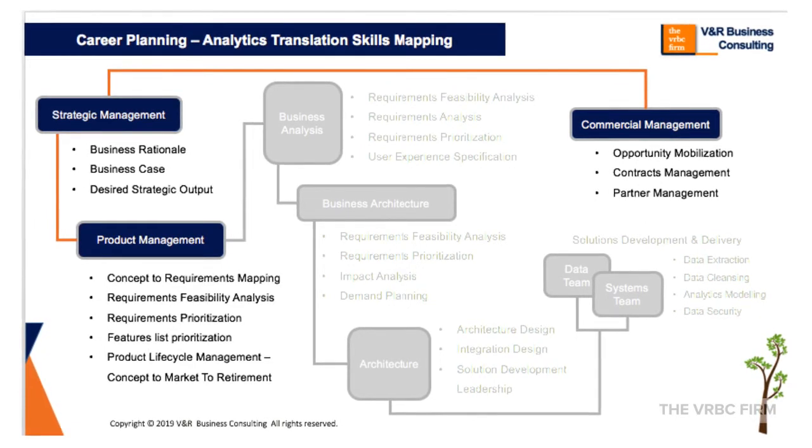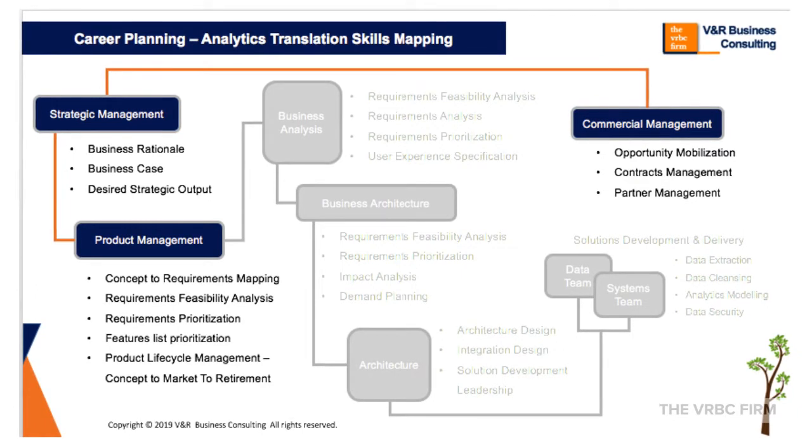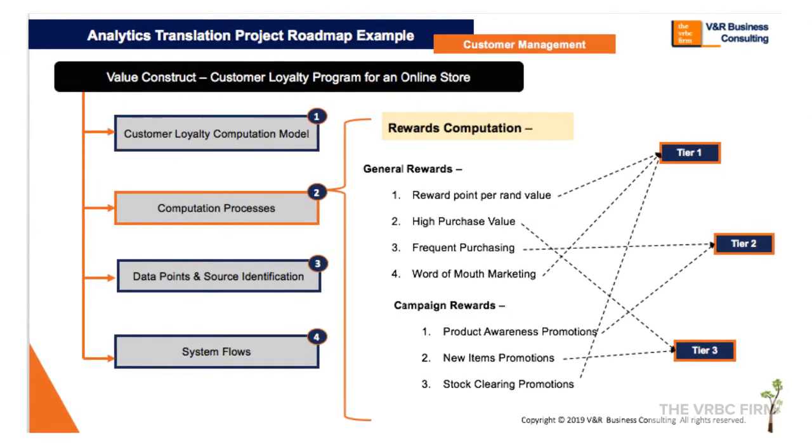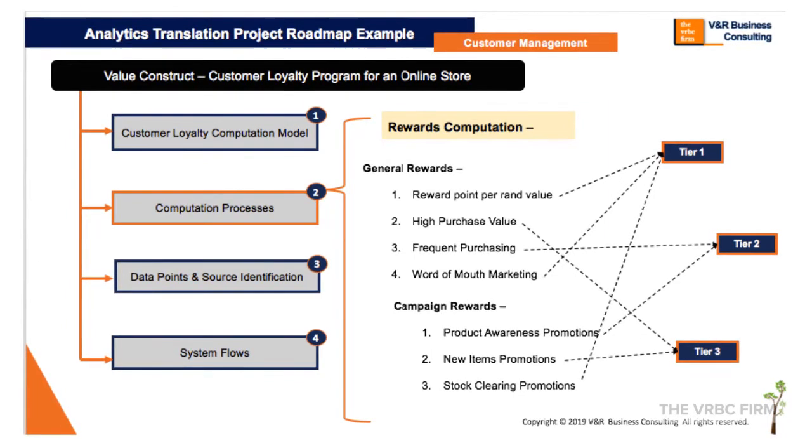An effective product manager in the data-driven age is one that can effectively use insights to drive product profitability. Features management becomes persona management. For example, in the rewards computation process, the personas become important because they determine which permutations would be the most effective in driving the objective of the program.